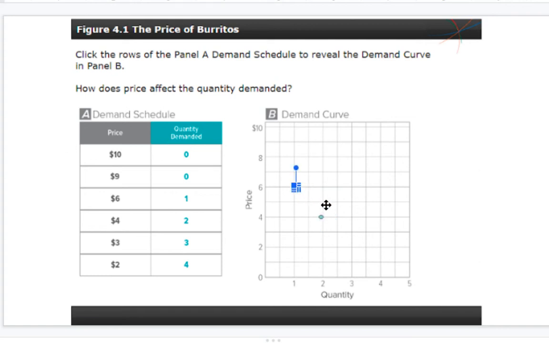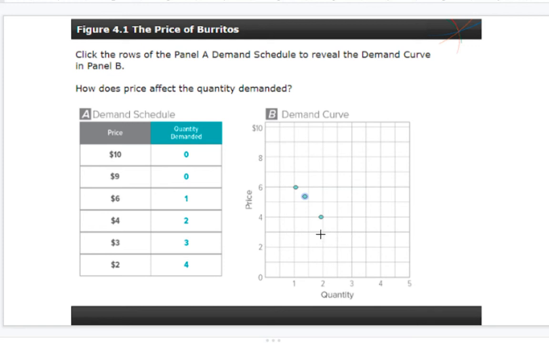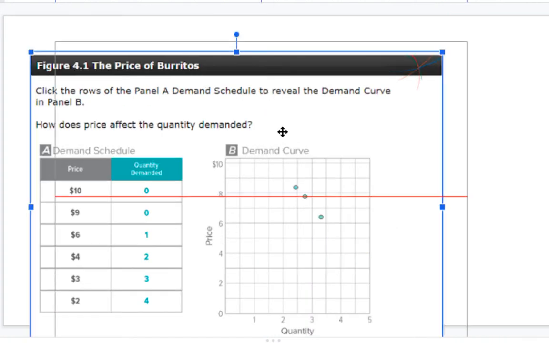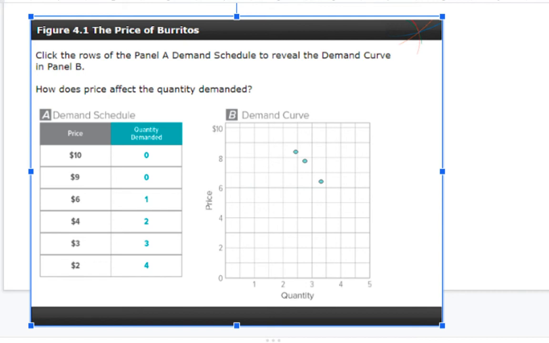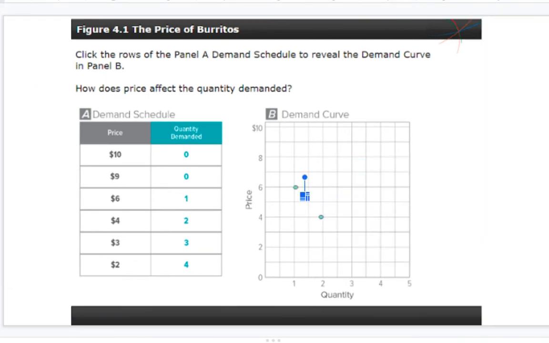At $3, there would be a demand of 3 burritos. You get the point. It's not working for me right now. But what we're doing is creating the whole idea of a demand curve based off of that schedule of demand, as I'm screwing everything up right now.